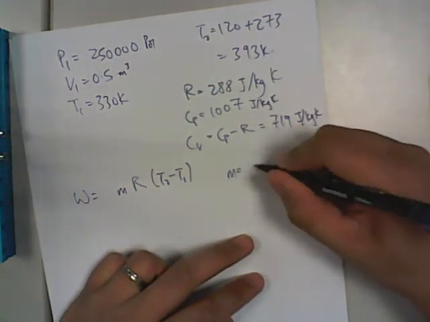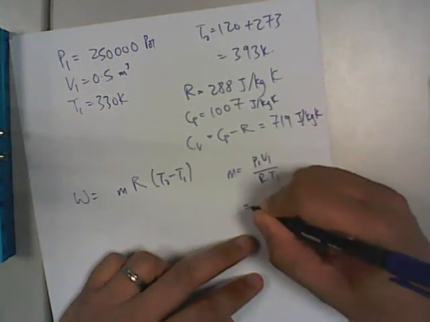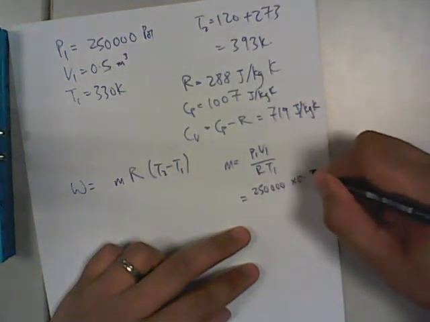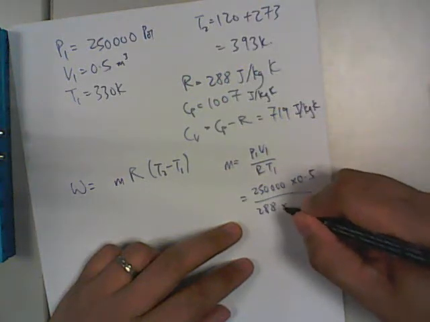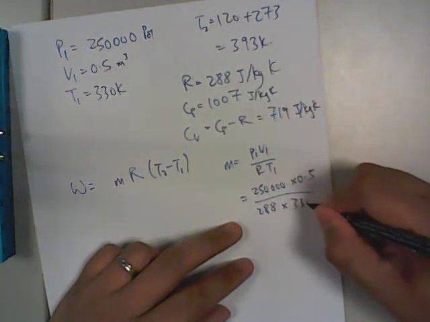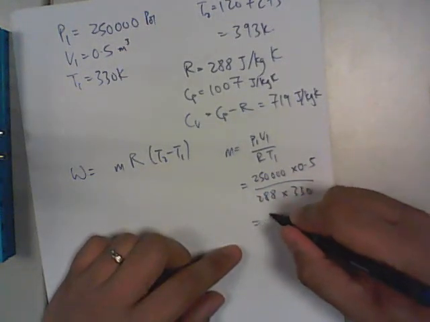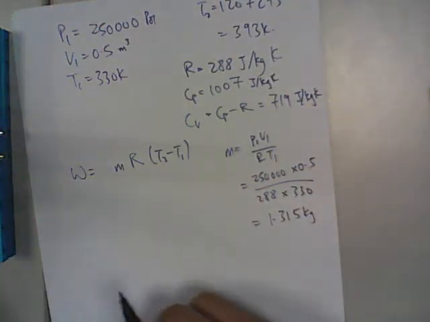Okay, so M equals P1 V1 over R T1. 250,000 times 0.5, over R is 288, T1 is 330. Okay, this will give you 1.315 kilogram.